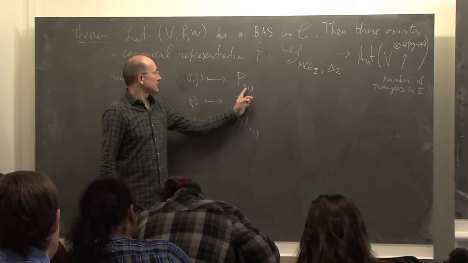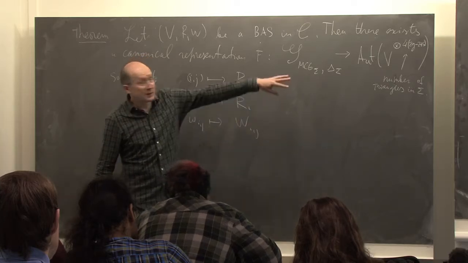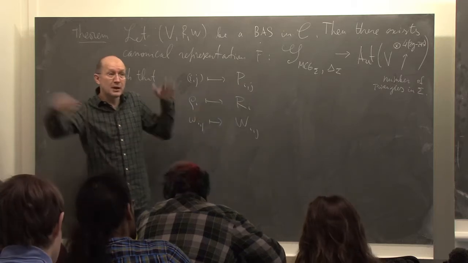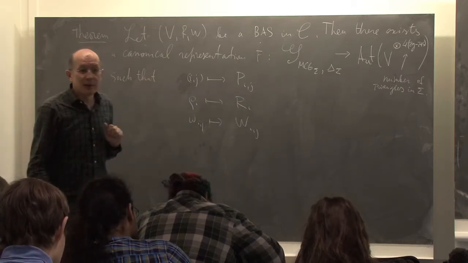So the sub-indexation here is similar to the indexation over there, but we have as many indices as the number of triangles.